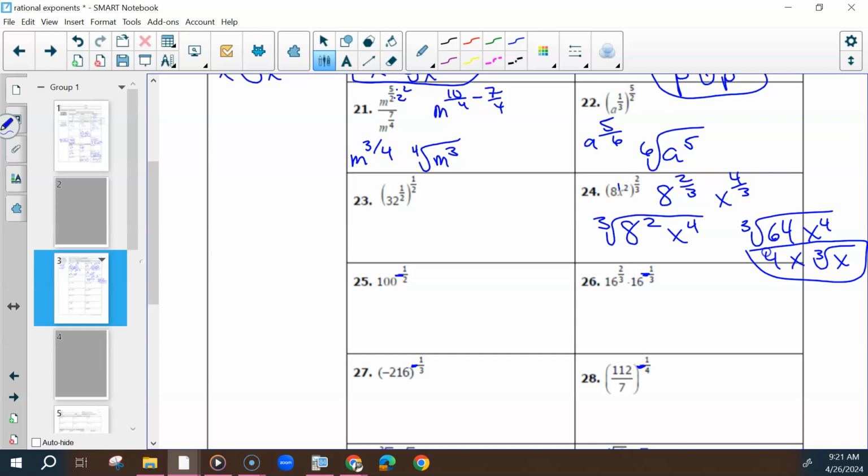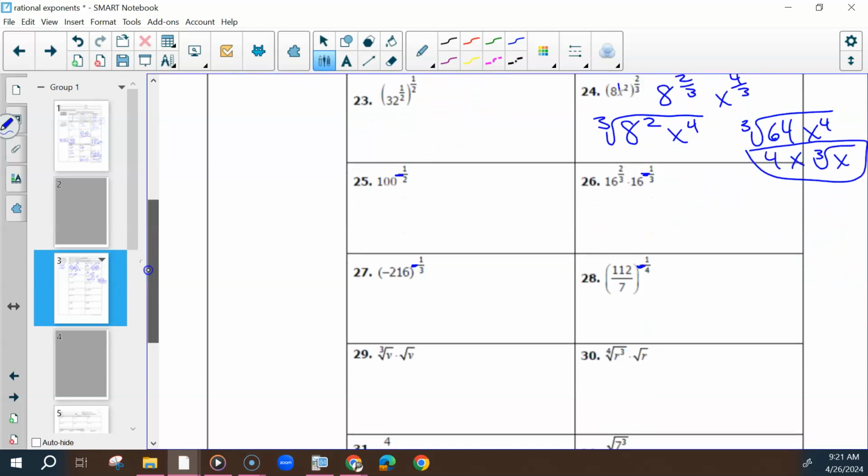We're going to do some of the negative exponents, starting with 25. Now we have to remember, what does a negative exponent do? You make it the reciprocal, you flip it, and make the exponent positive, so that would be the same thing as 1 over 100 to the 1/2. Then I could rewrite 100 to the 1/2 in radical form.